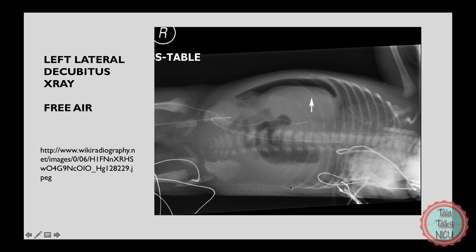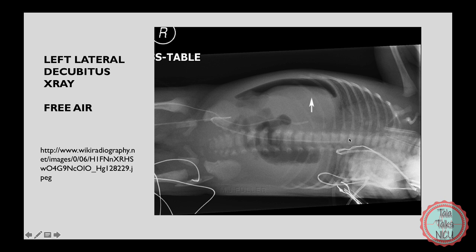This is where the infant lies on their left side, so left side down and right side up. The baby is looking at us in this direction. The liver is always this homogeneous white color, so we can take advantage of this, and if there is free air, then it will appear like a black rim above the liver, and it will be a lot more obvious, like you can see very clearly here.